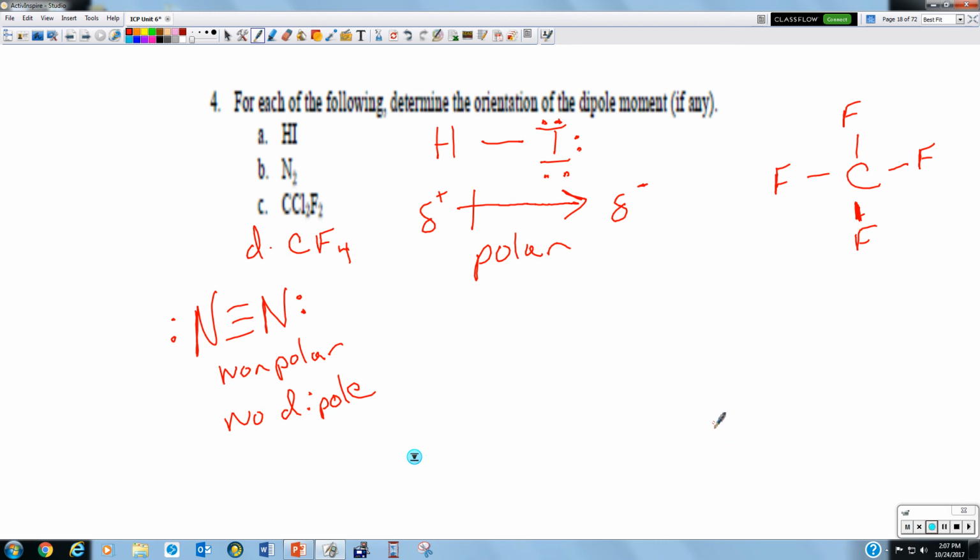It's either going to be polar or nonpolar. Why nonpolar? Okay, so again, it's nonpolar, and it's due to electron symmetry.